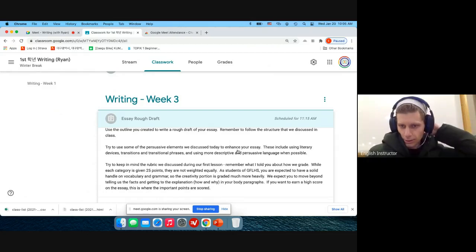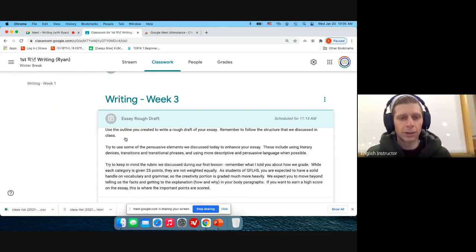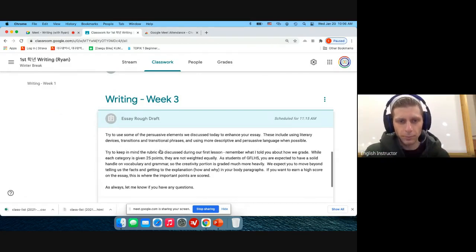And please include at least 2. I think I need to add that in there, but please include at least 2 of the literary devices. And then also try to use the transitions and the transitional phrases that we're going to talk about. And just in general, use more descriptive and persuasive language when possible.